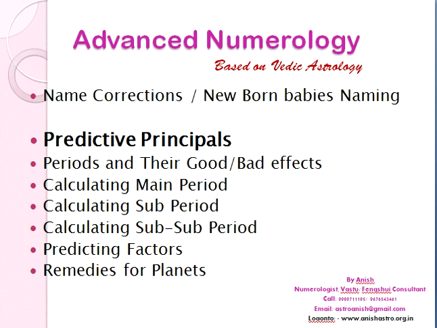There are three types of periods in a natal chart, because every individual's chart has these three basic and major concepts. So we will understand what a main period is and what a sub period is, and we will understand the good and bad effects of these periods.